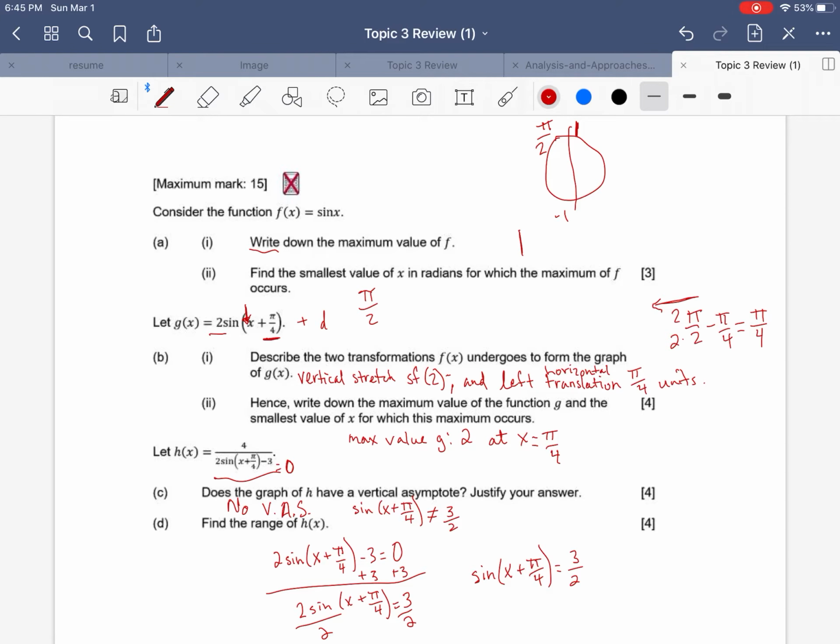Okay, and then let's find the range of h of x. So our range, well, we're multiplying by 4. So our range, well, remember our normal range is from -1 to 1.